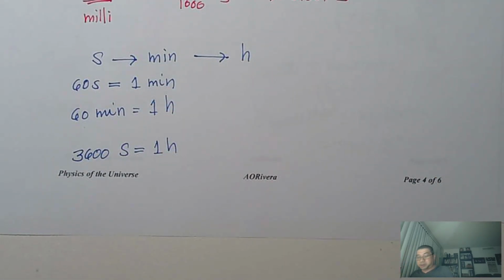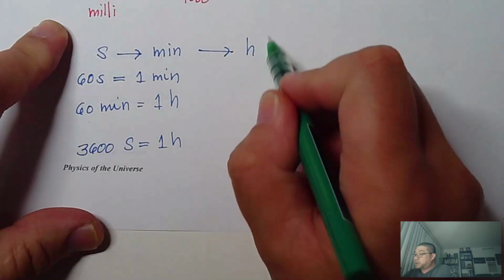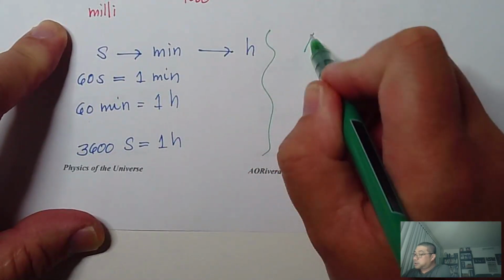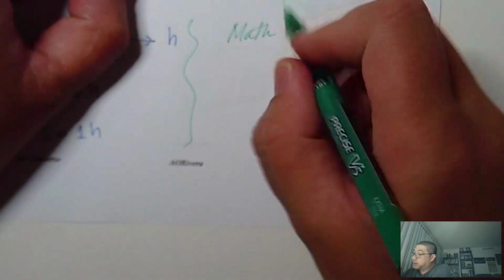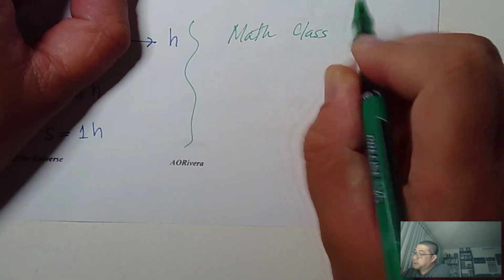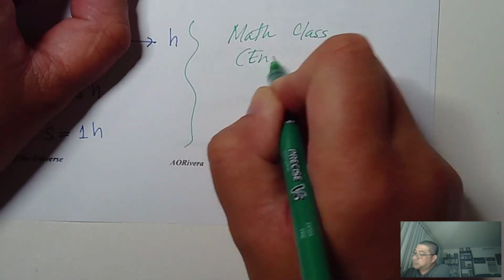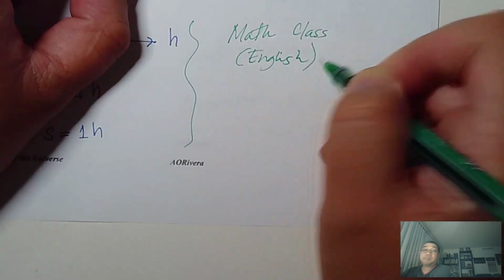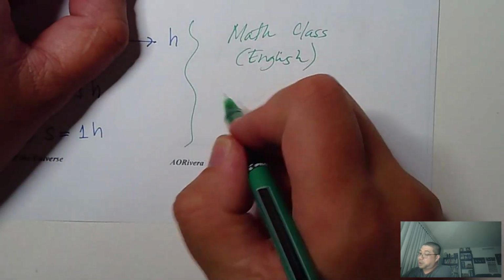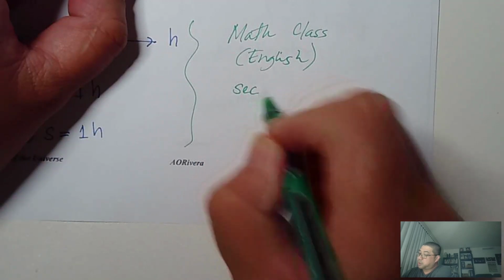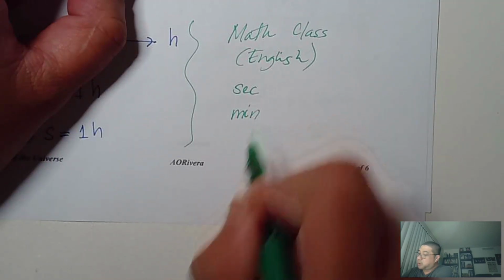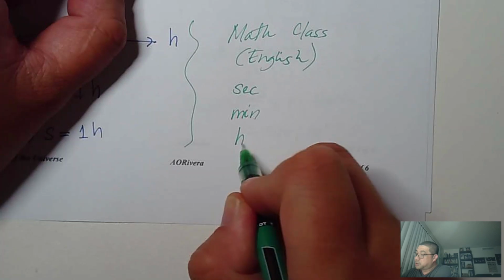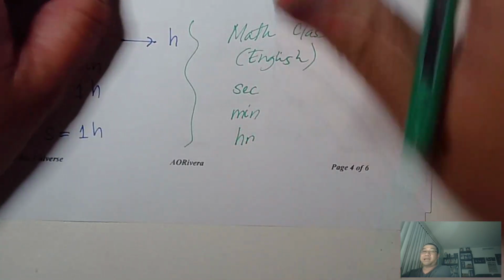Trivia. I just wanted to add some trivia. How do you write second in the English system in your math class? In math class, it's called the English system. When we talk about seconds, that should be represented by SEC, minutes by MIN, and hours by HR. That's the difference.